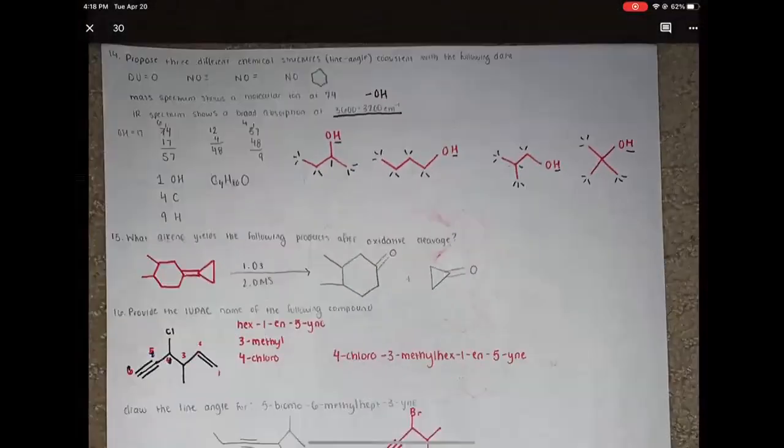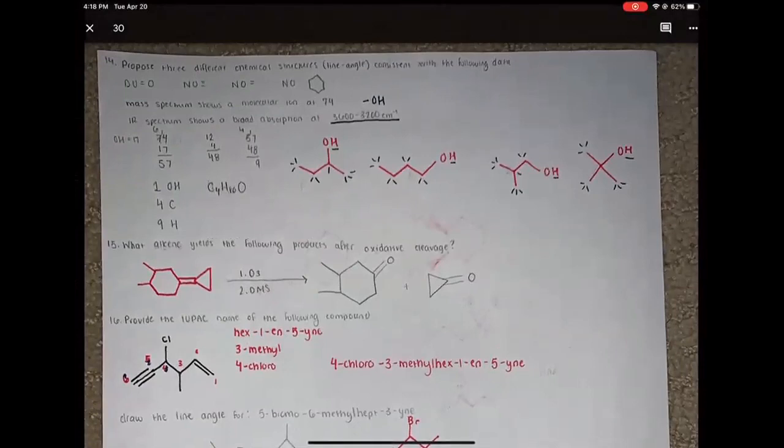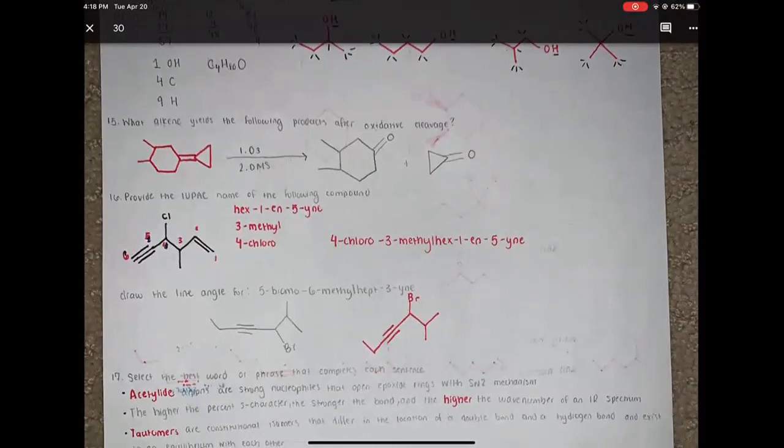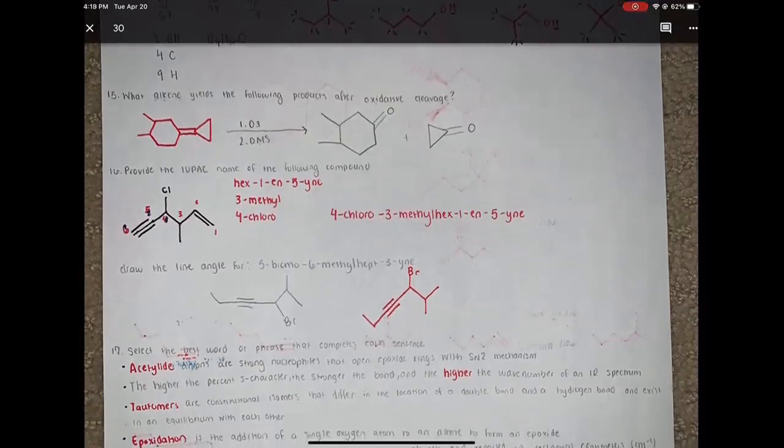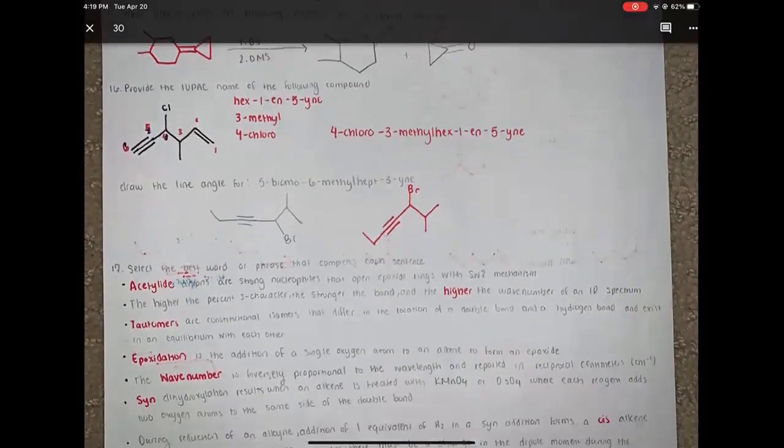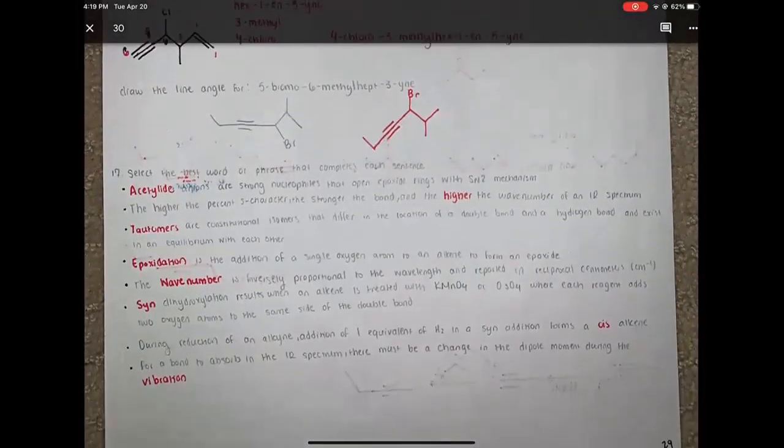Okay, that was just adding on, which is such a fun thing to do, really. Okay, that one is again IR. What alkene yields the following? Okay, that's O3, ozone. I feel like you guys don't need to know ozone. IUPAC name, not going to need to know that one. I think these are pretty much all of the questions that I have.